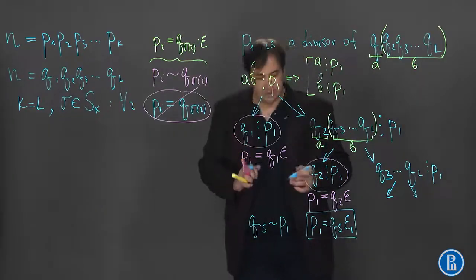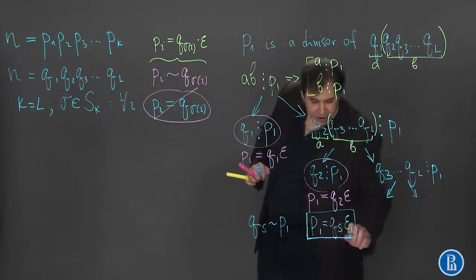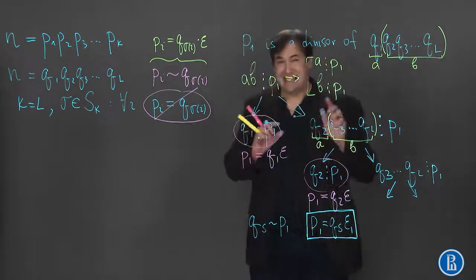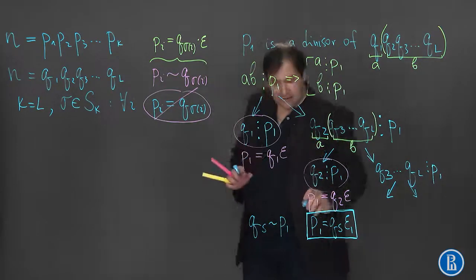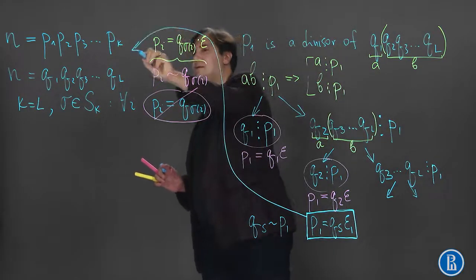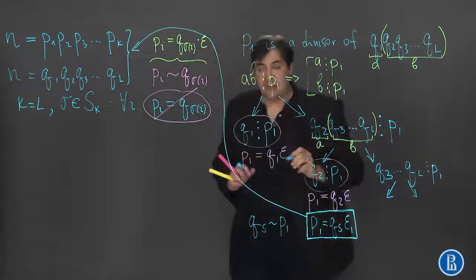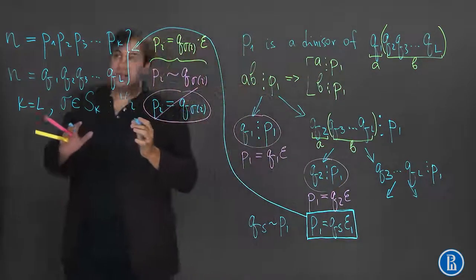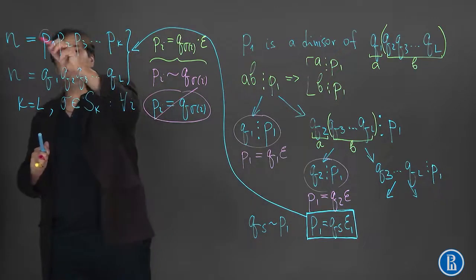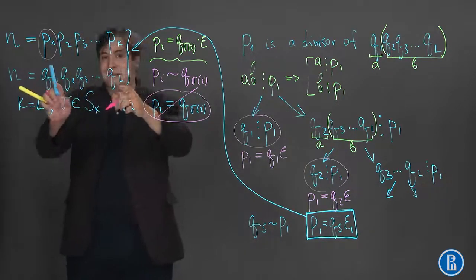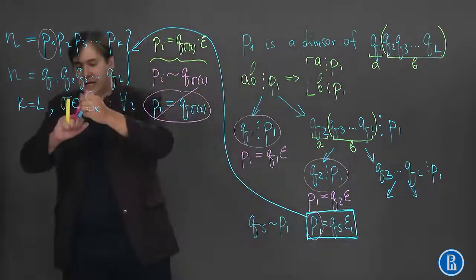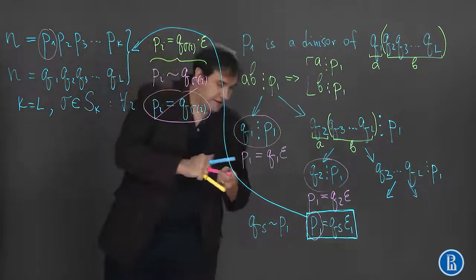And now that we have P1 is associated with one of the prime factors of the second decomposition, we can apply this to the original decompositions, both of them. And we understand that P1 is present over here. And somewhere inside the second decomposition we have Qs, well, P1 we have in the first decomposition, and Qs we have in the second decomposition.